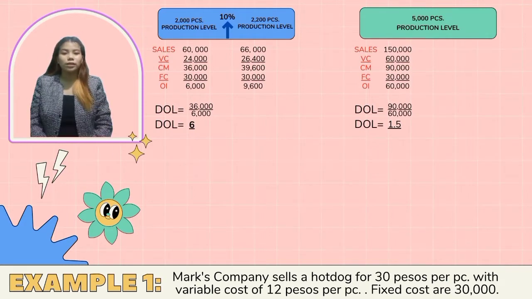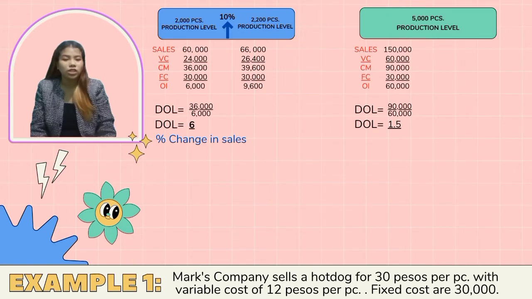Now for this new income statement and the old income statement, we will be calculating some things. The first thing to calculate is the change in sales as a percentage. The percentage change in sales equals the new amount minus the old amount, divided by the old amount.